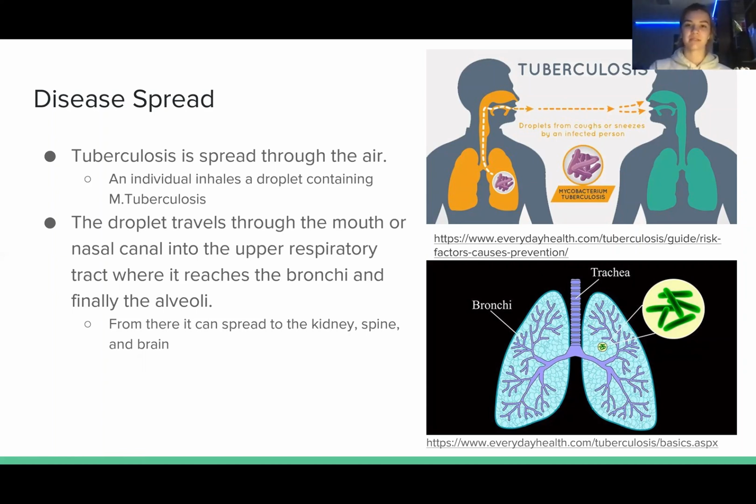So the pictures here once again show a person who has TB spreading the droplets and another person ingesting those droplets to contract tuberculosis. The picture in the bottom shows the bacteria in the lungs in comparison to the bronchi.